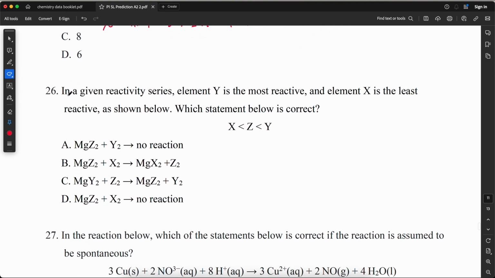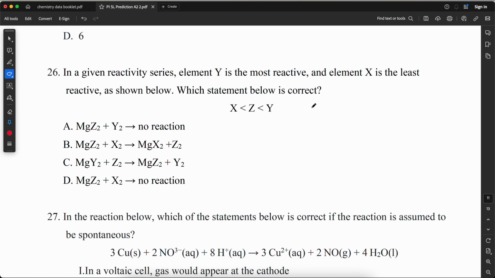In a given reactivity series, element Y is the most reactive, and then X is the least reactive. So Z is in the middle. So Y is the most reactive, can replace Z, but it has no reaction, therefore it's wrong.